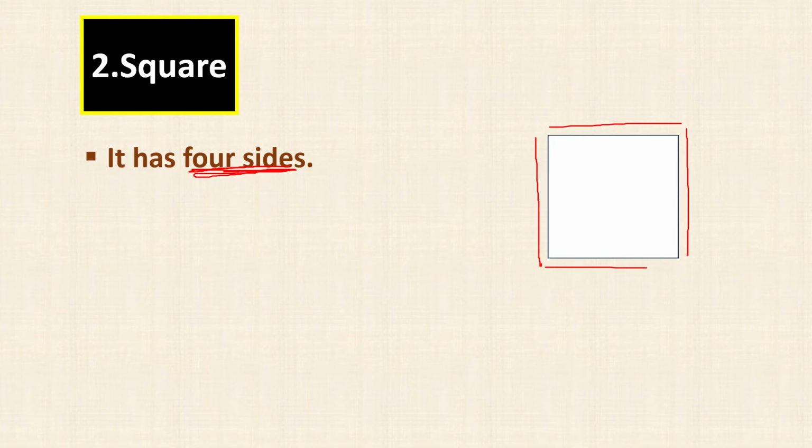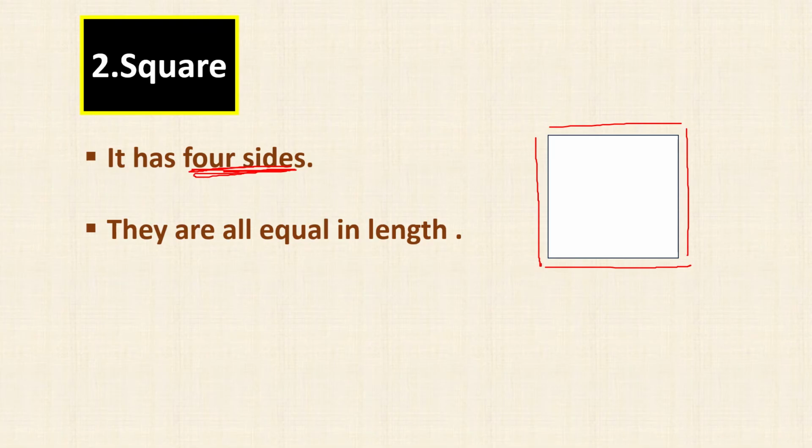Their all sides are equal. Next point is that they are all equal in length. Equal means a number is equal. When you add 2 plus 3, the equal number after that is 5, and here a 5.